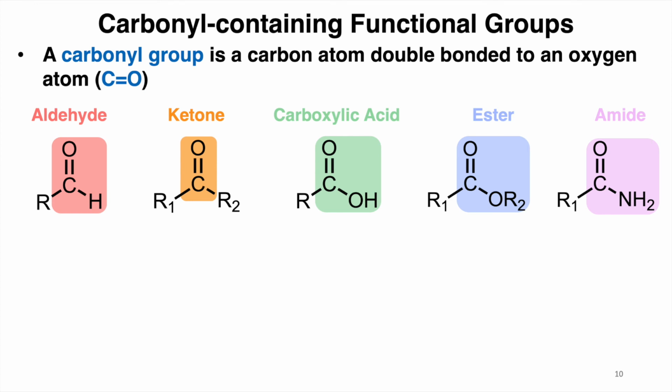Ketones are carbonyls bonded to 2 carbon atoms. Carboxylic acids are a carbonyl bonded to a hydroxyl group. Esters are carbonyls bonded to an oxygen and a carbon. And amides are carbonyls bonded to an amine.